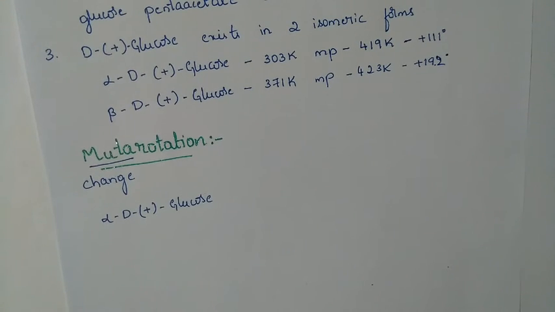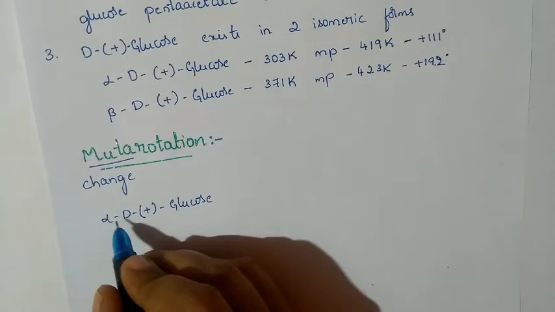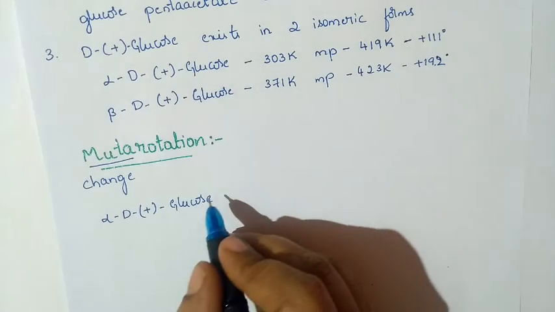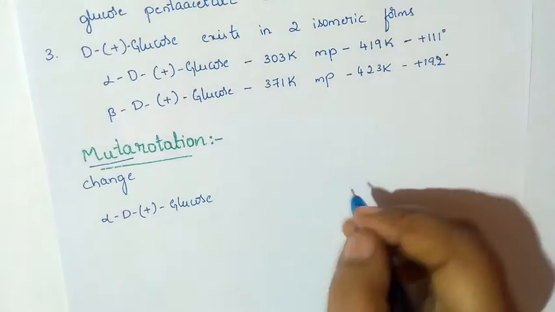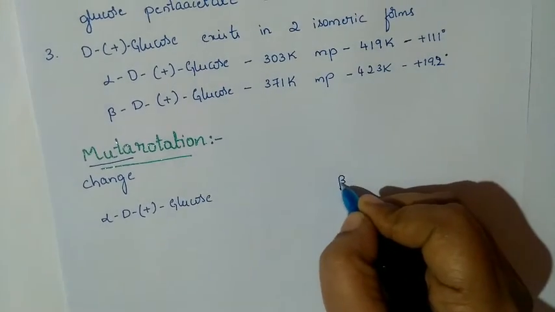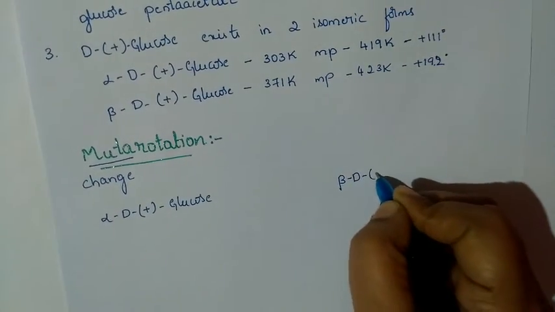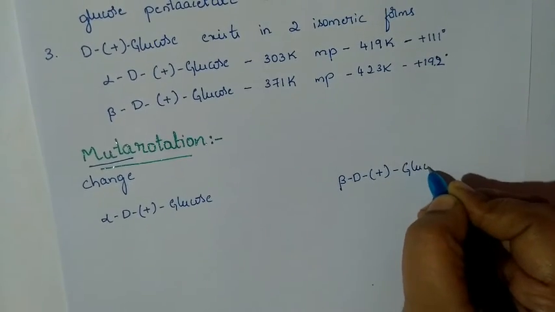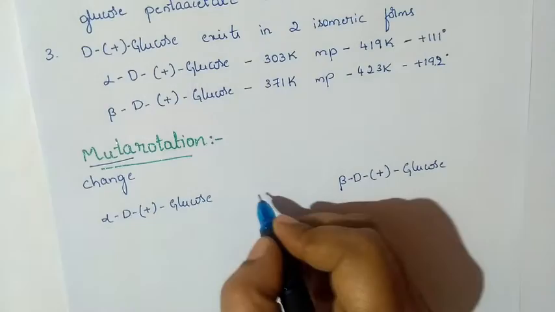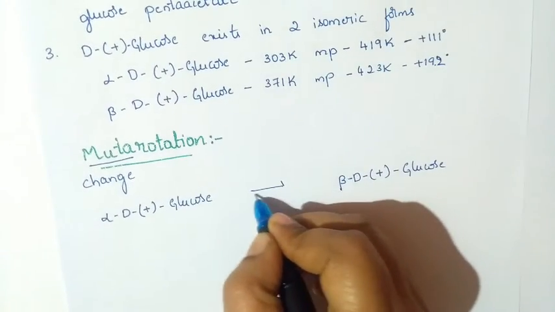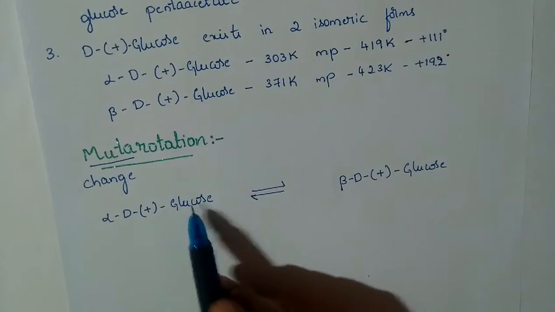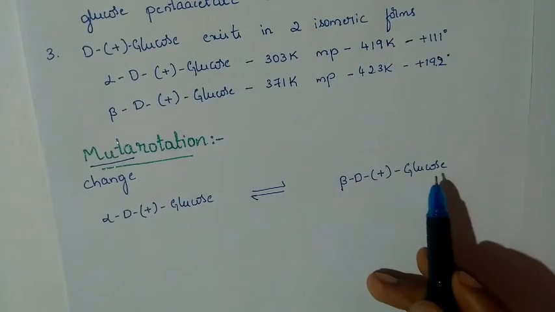We allow the solution to stand for some time. What happens is that some of the alpha D plus glucose is converted to beta D plus glucose. The solution will attain an equilibrium, and that equilibrium consists of 36% alpha D plus glucose and 64% beta D plus glucose.